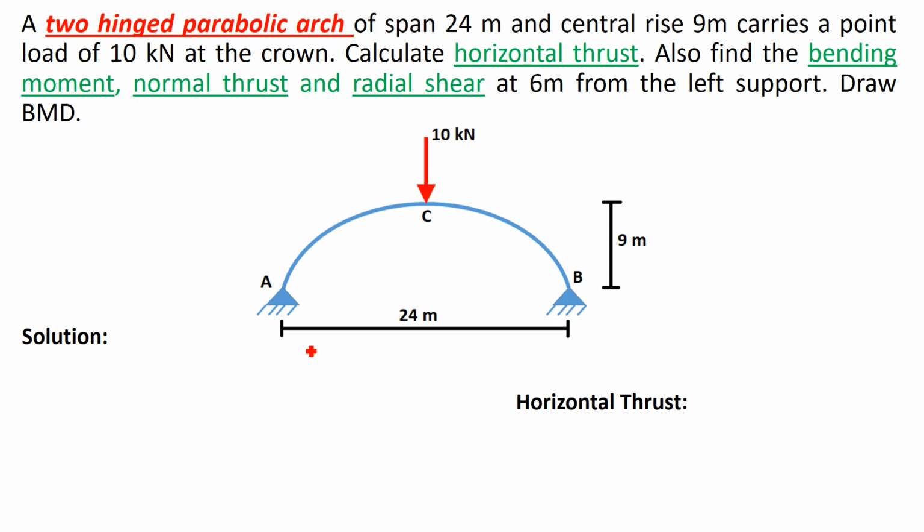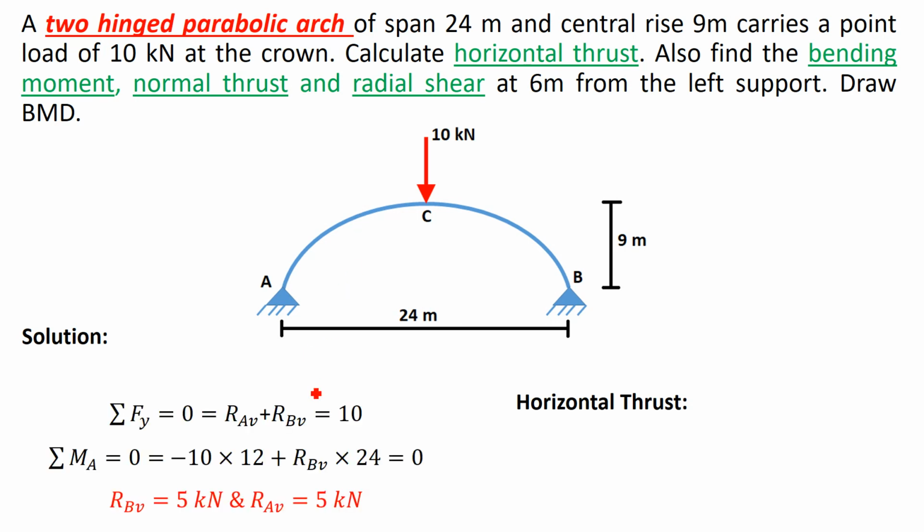So the very first step is to calculate the vertical reactions at support. As we discussed in the previous problem, reactions at hinge support are 2, but at hinge support the horizontal reaction is nothing but horizontal thrust. Similarly at support B, the horizontal reaction is horizontal thrust.